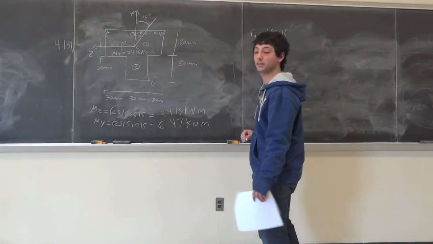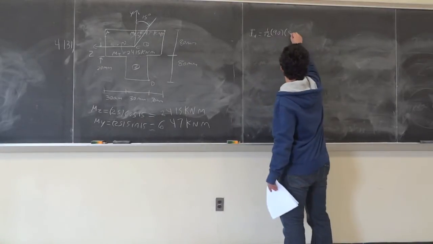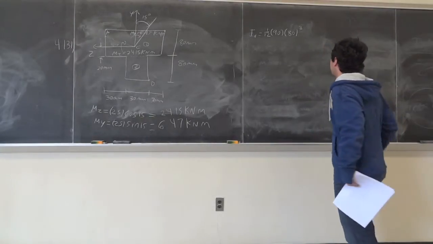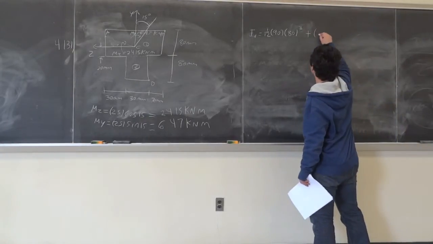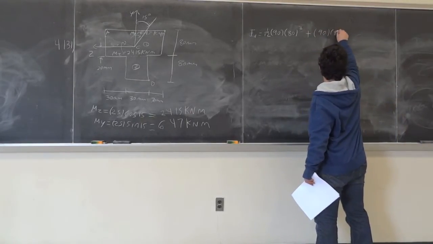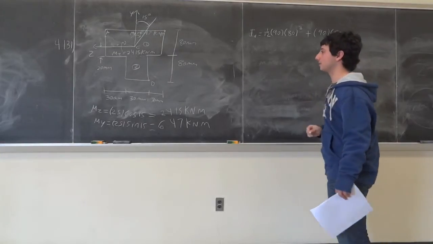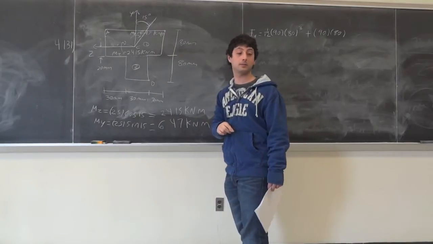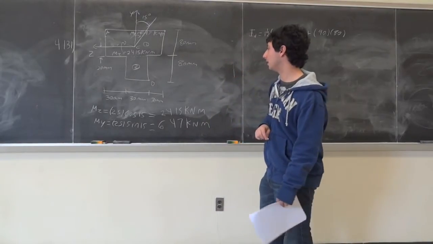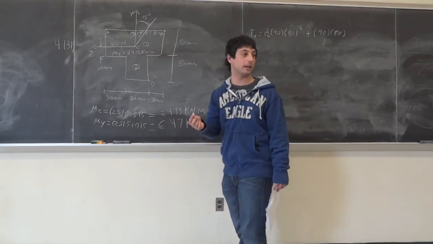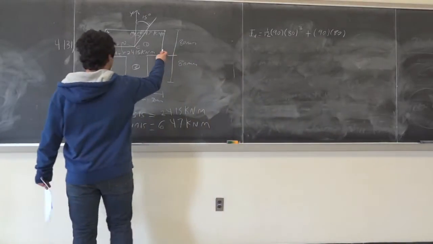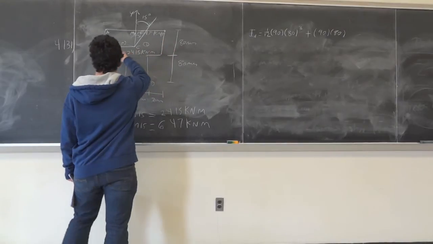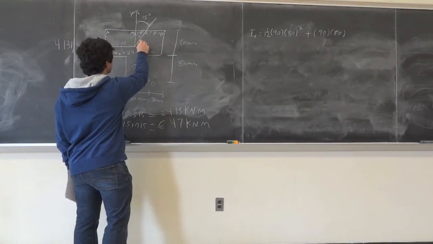What's h? 80, exactly. Just want to see if you guys are paying attention. So cubed, and then plus area, 90 times 80 times d squared. So what's d in this case? It's just 20, yeah. Half of 80 is 40, so 40 minus 20 is 20. So it's this distance here.